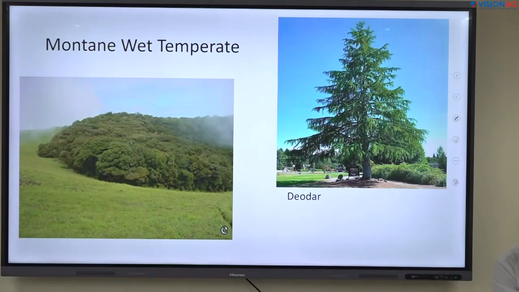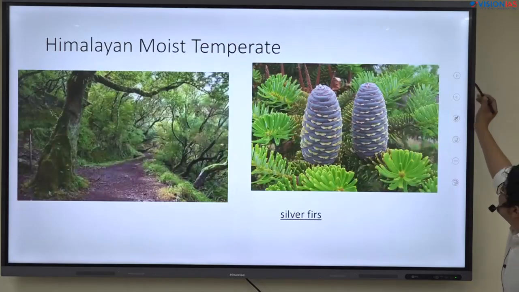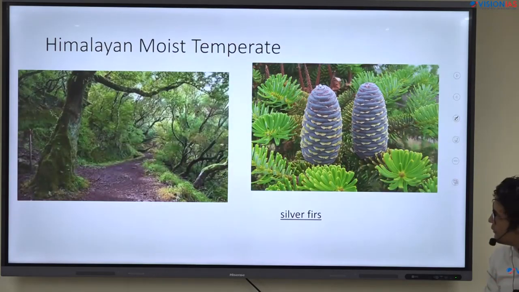Move to category number 12, Himalayan moist temperate forest. See this in the map, Himalayan moist temperate. Okay, Kashmir, Himachal, Uttarakhand.